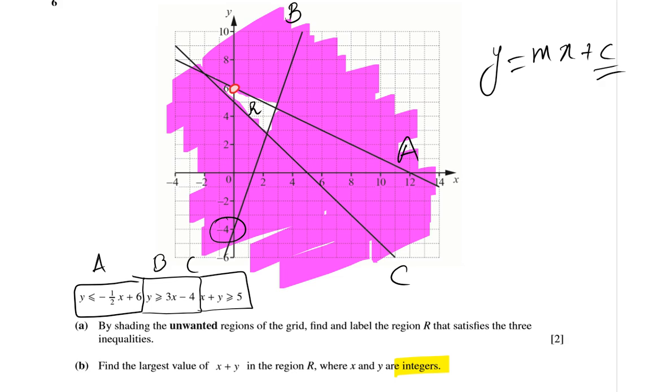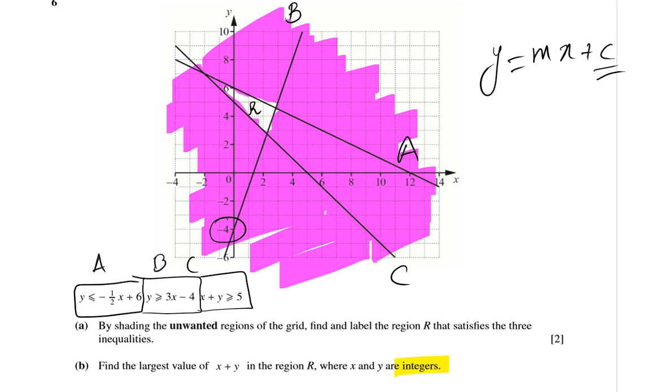If this is my point, 0 comma 6, 6 would be my answer, and obviously this would be 2 comma 5, 7. So I think this is the answer, because this will be less, 1 comma 5.